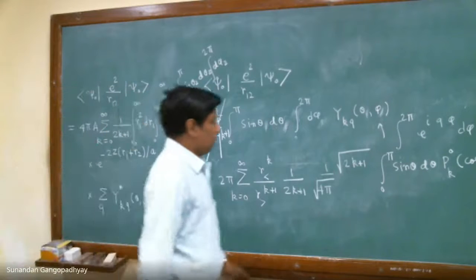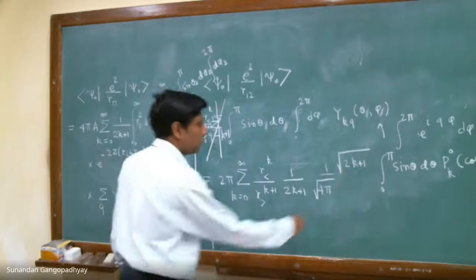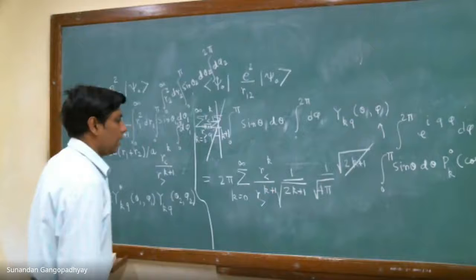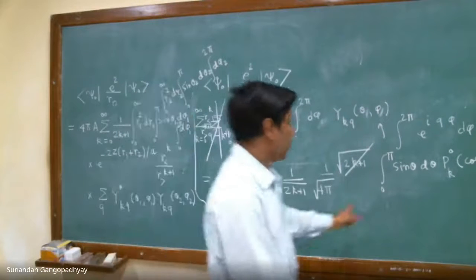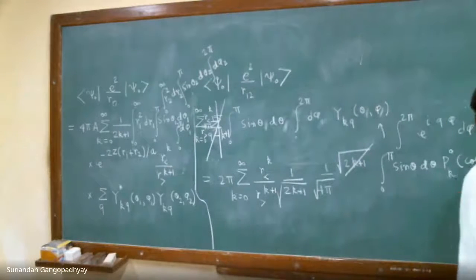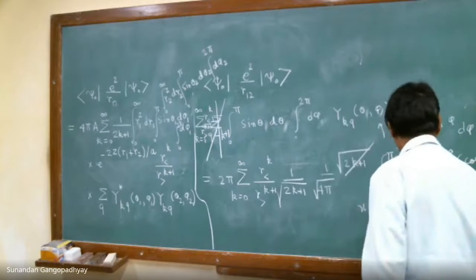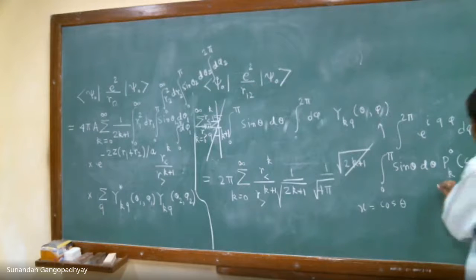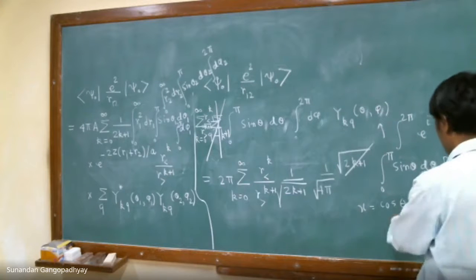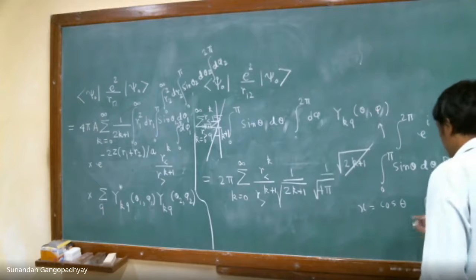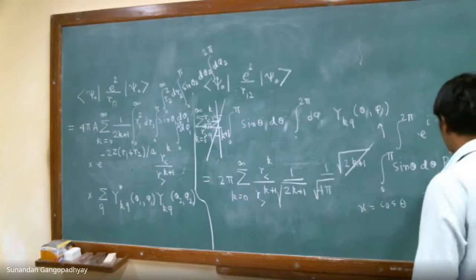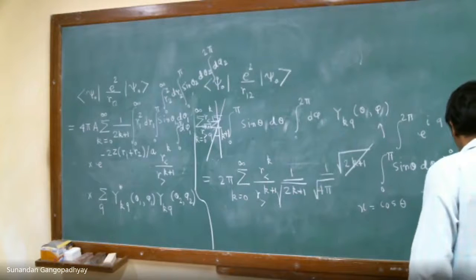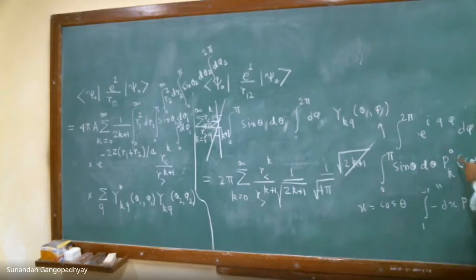Okay. So now let us look at this term. So this thing and this thing will cancel. So this will give us this. And then you can now do this integral very nicely. You can call x equal to cos theta. If x is equal to cos theta, then for theta equal to 0, x is 1, and for theta equal to pi, x is minus 1, and this will be minus dx, and this is Pk0, when q is 0.